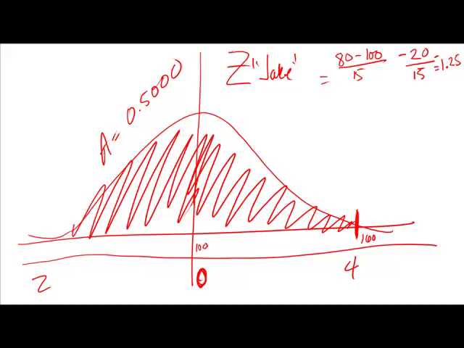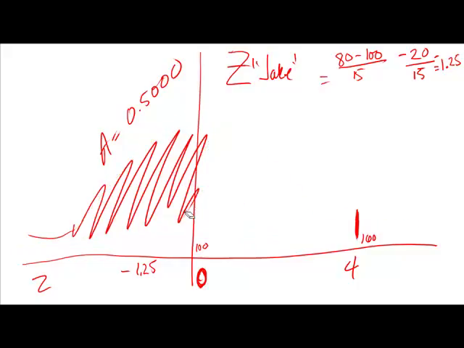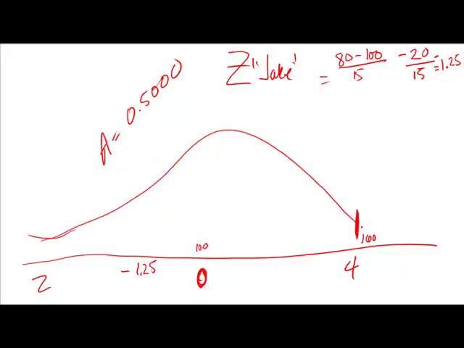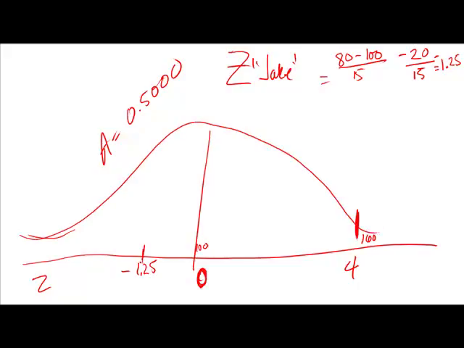So let me ask you, for a negative 1.25, how much area does that account for under our curve? So we look on the chart. We turn it over to the other side where the negative numbers are.